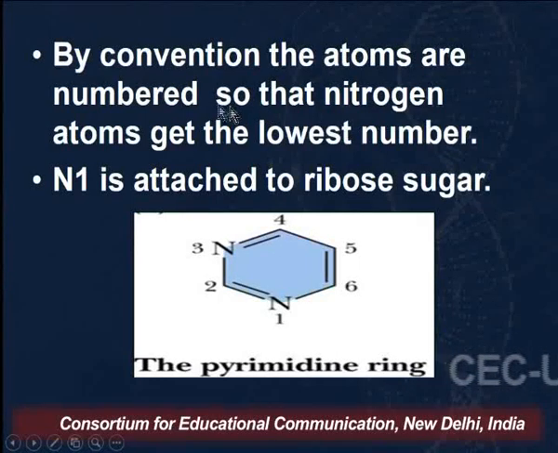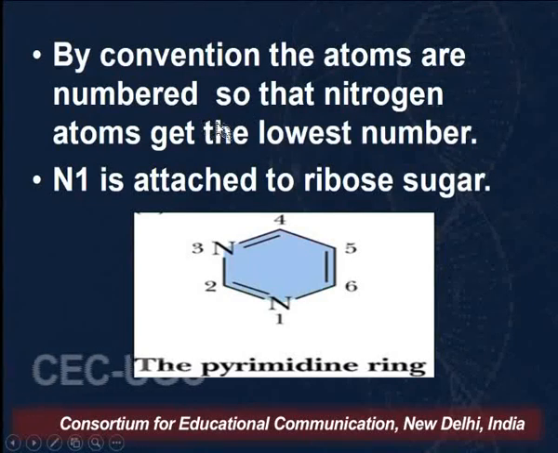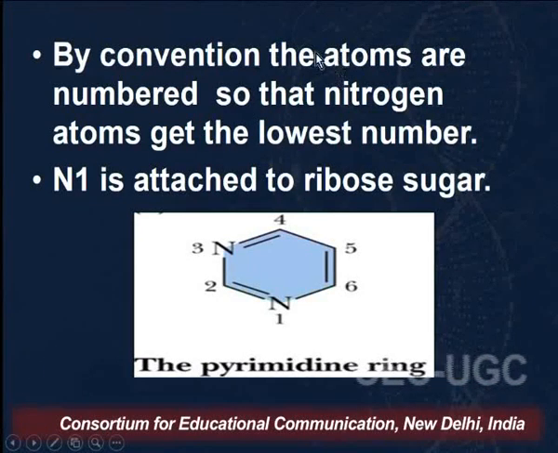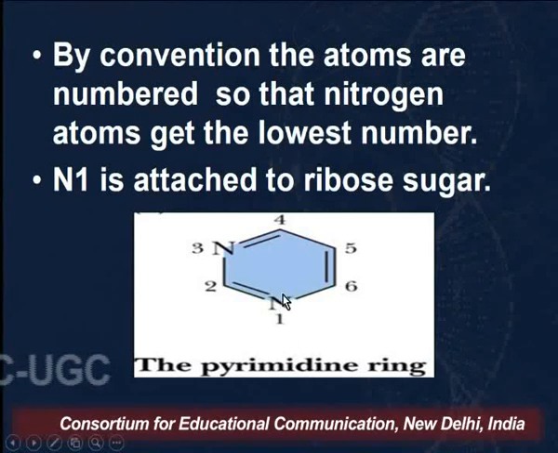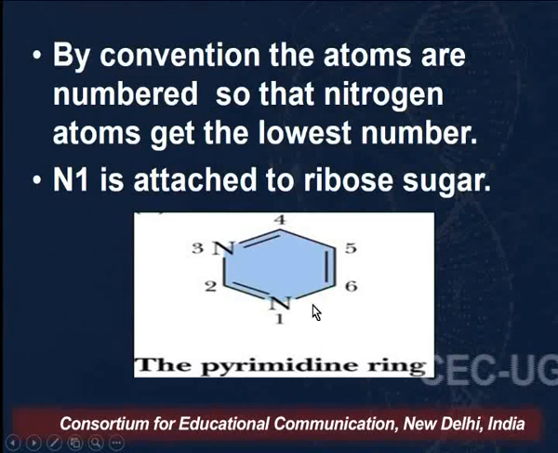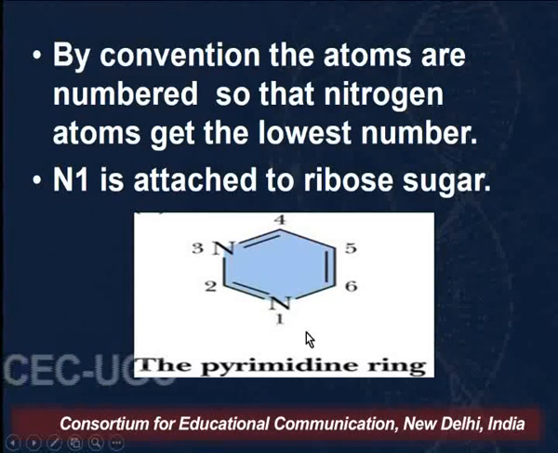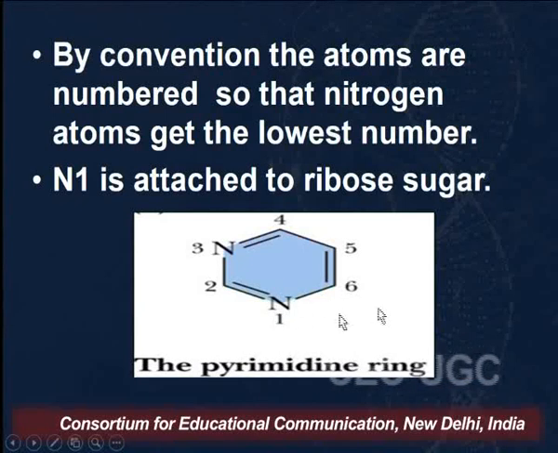So by convention, the atoms are numbered so that the nitrogen atom gets the lowest number. N1, the nitrogen which gets number 1, is where it is attached to the ribose sugar in case of RNA, and to a deoxyribose sugar in case of DNA.